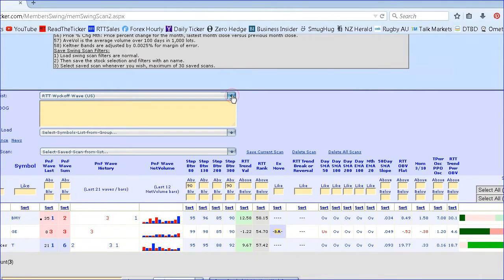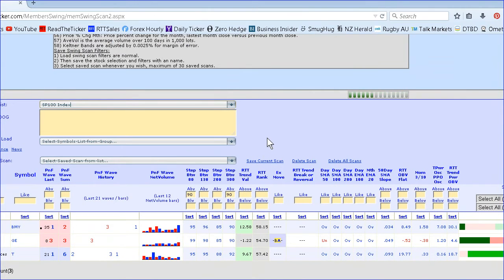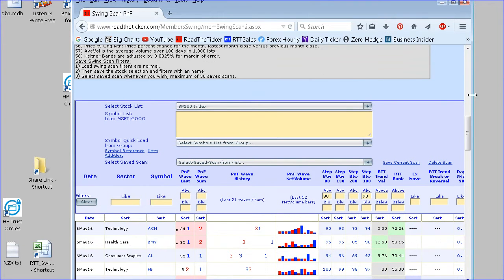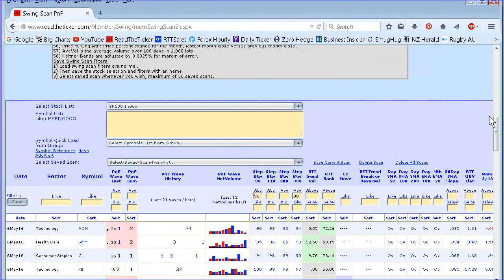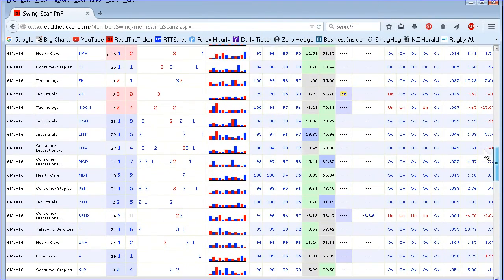And let's pick up S&P 100. So we get a lot more stocks. This means that all these stocks have a lot of closes within a bullish step. There's quite a few of them, because we are, after all, in a market that's going up.